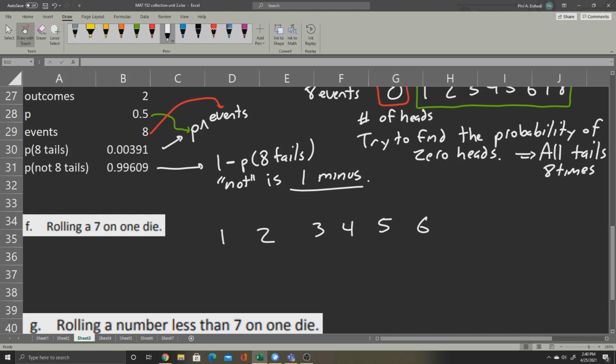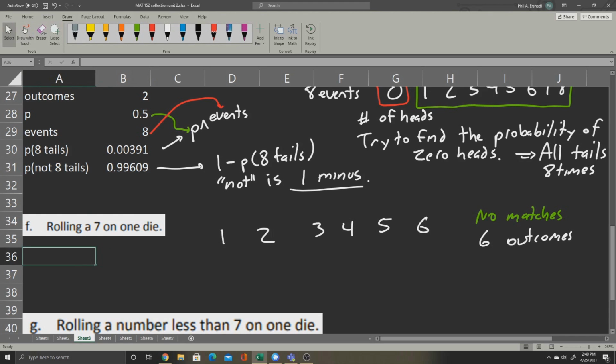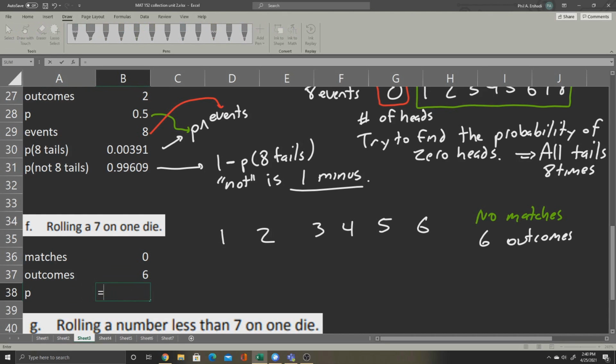So we notice that rolling a 7 is not possible, so we can say there are no matches, but still 6 outcomes. So let's write this in. Our number of matches is 0. Our outcomes are 6. So now our probability of making a match is going to equal the 0 divided by the 6, giving us a probability of 0.